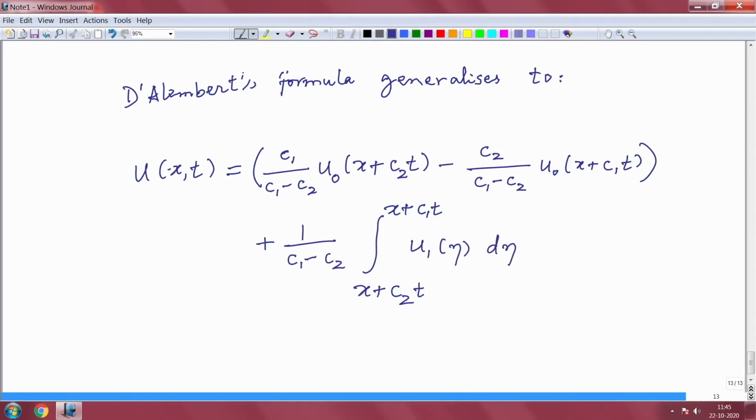So, similar to D'Alembert's formula, there is one purely algebraic expression and one integral term. Okay. Of course, this is a special case: if we take C2 equal to minus C1 equal to minus C, this reduces to D'Alembert's form.